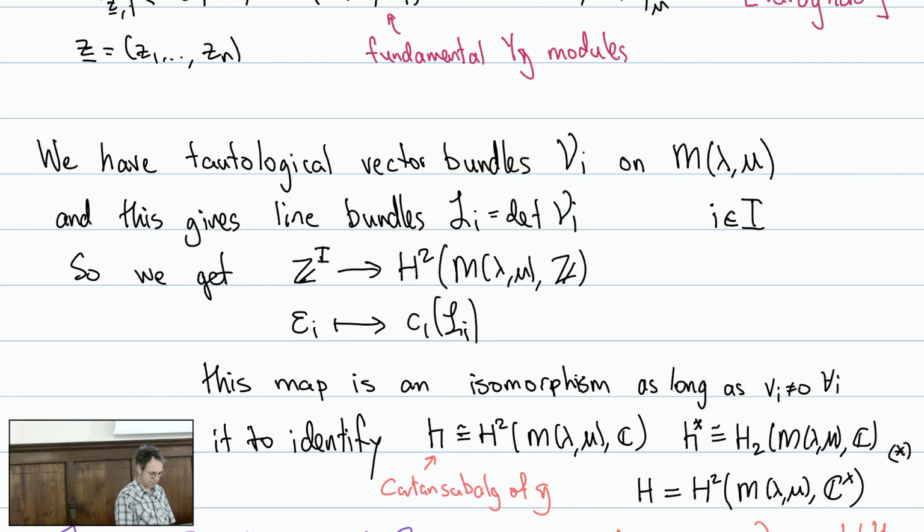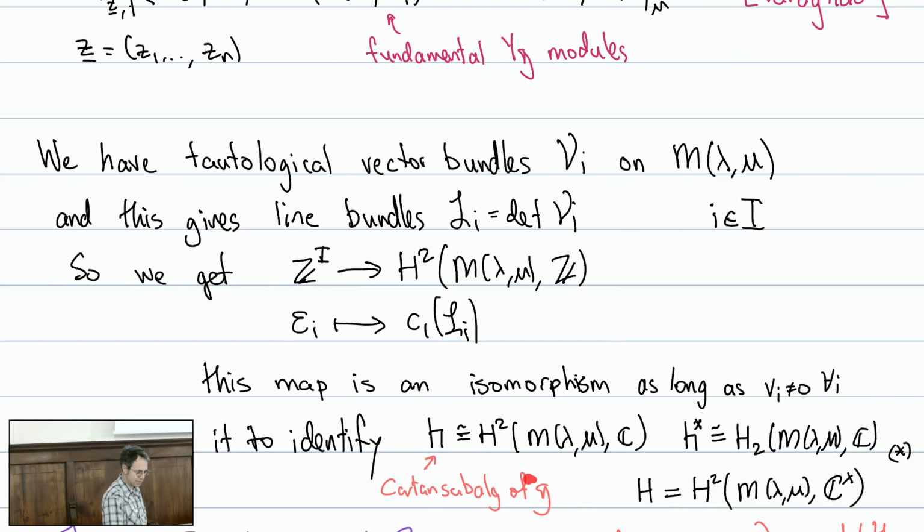And this gives a map from Z to the number of vertices of the Dynkin diagram to this Picard group. This map is almost always an isomorphism as long as we don't have some of the V's being 0. And we'll use this isomorphism to identify the second cohomology with the Cartan subalgebra of our Lie algebra.